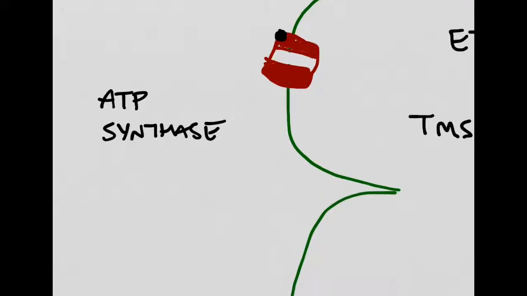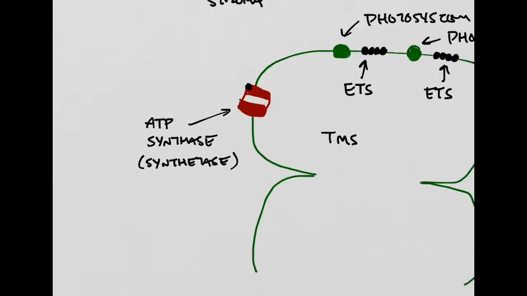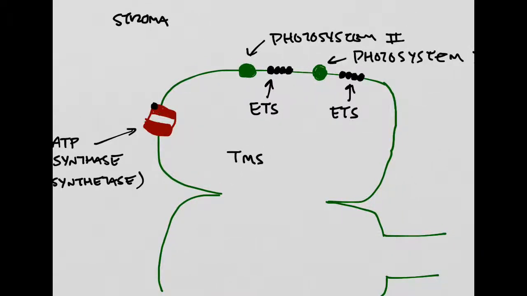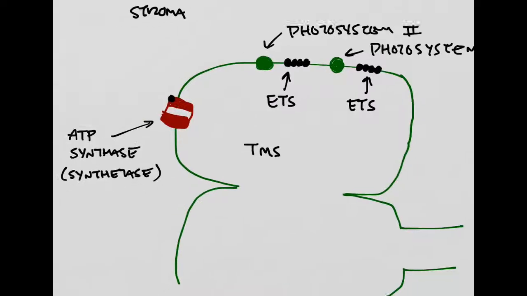And you might even hear it be called synthetase in some textbooks. It doesn't really make a difference what you want to call it. Up to you. And again, that's a very important part of any one of these thylakoid disks or granum or grana. Okay, so there you have it.